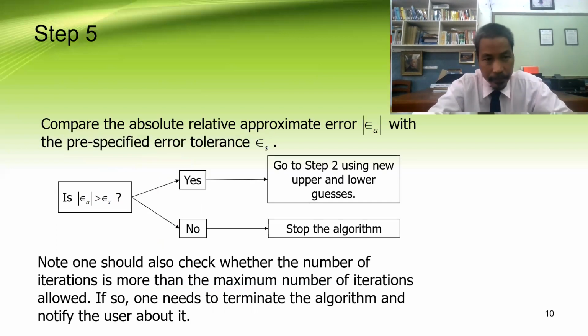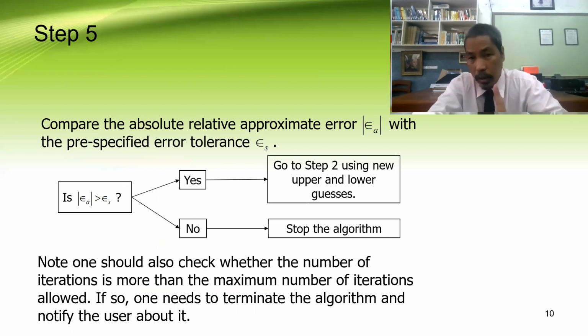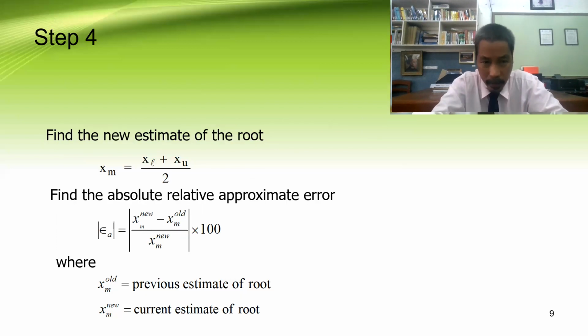Okay. So step 5, compare the absolute relative approximate error. We already know how to calculate the absolute relative approximate error. This is the formula: absolute relative approximate error is equal to (XM new minus XM old) divided by XM new, times 100.